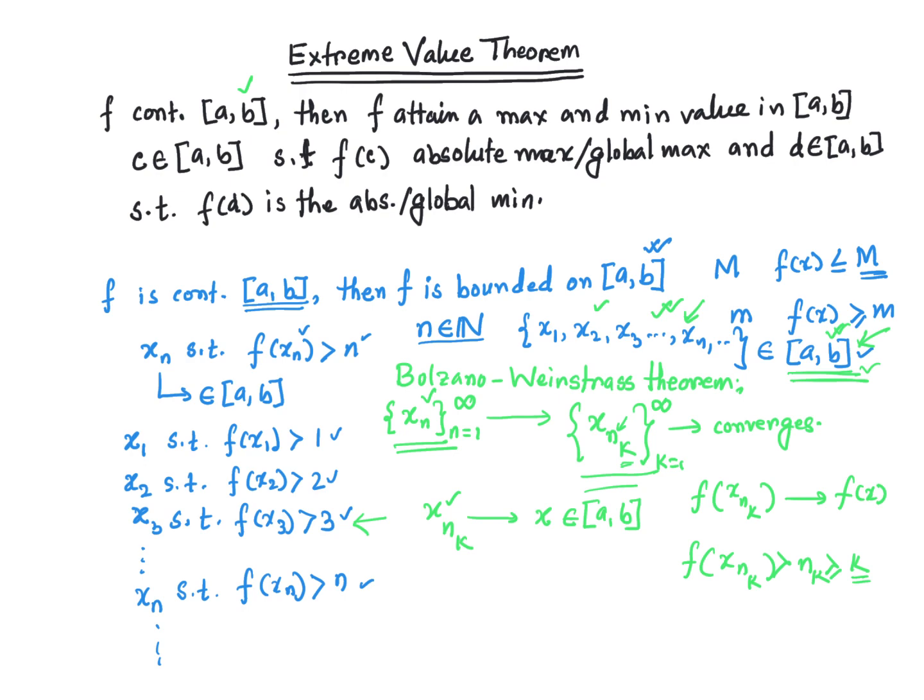So that tells you that the function diverges as the sequence approaches the value of x, which is, by the way, a contradiction.